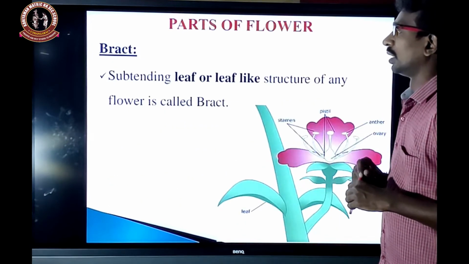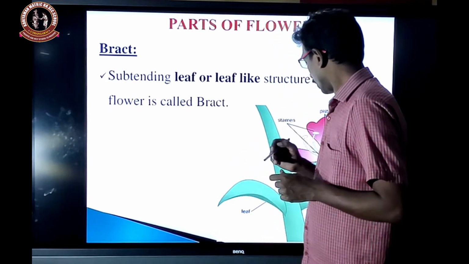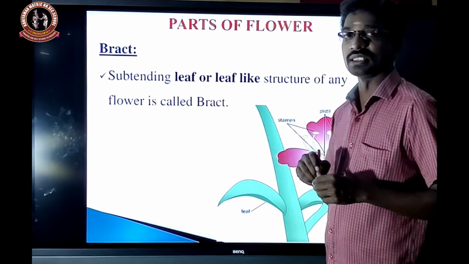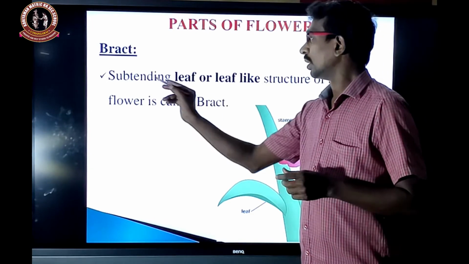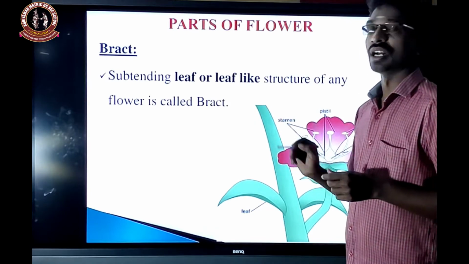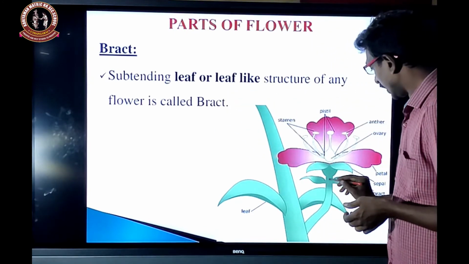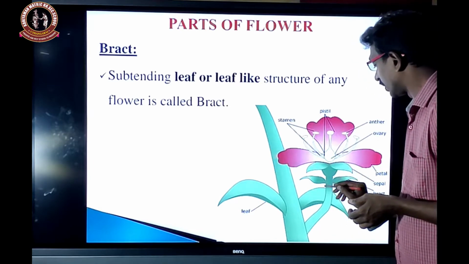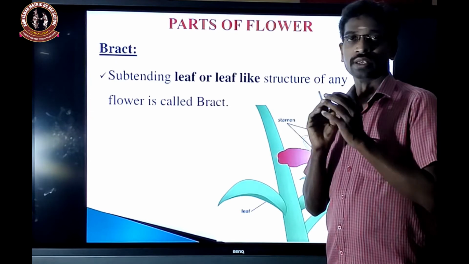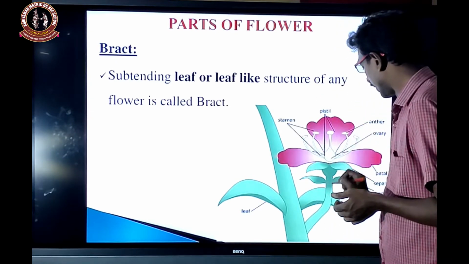Okay. Next, bract. In the pedicel region, some leaf-like appendage is present. The subtending leaf or leaf-like structure of any flower is called bract. It is present at the base of the flower, in the pedicel region.